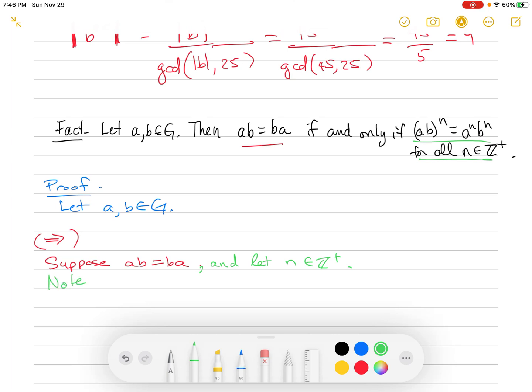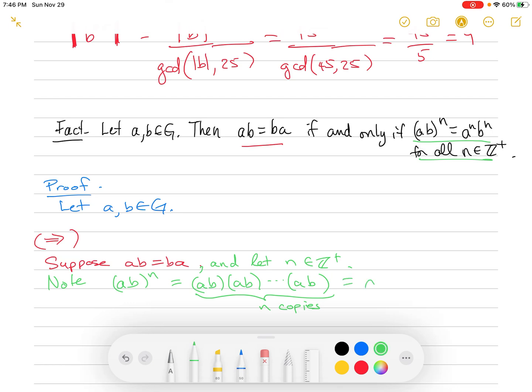So if I take A times B to the n power, that just means AB a bunch of times, right? AB, AB, AB. In fact, we have n copies of AB. Now, because I can rearrange these, I can change the order. So basically the A and the B's commute, so I can change the order.